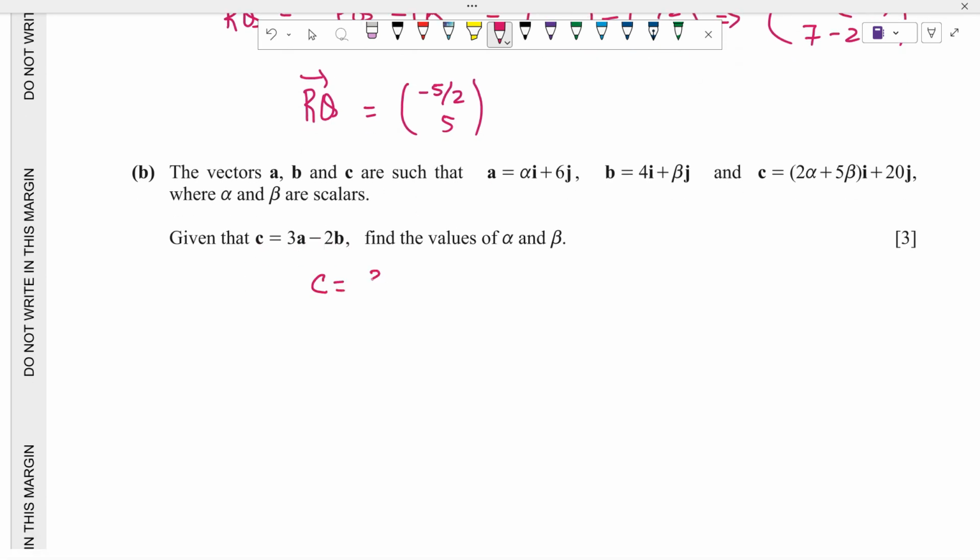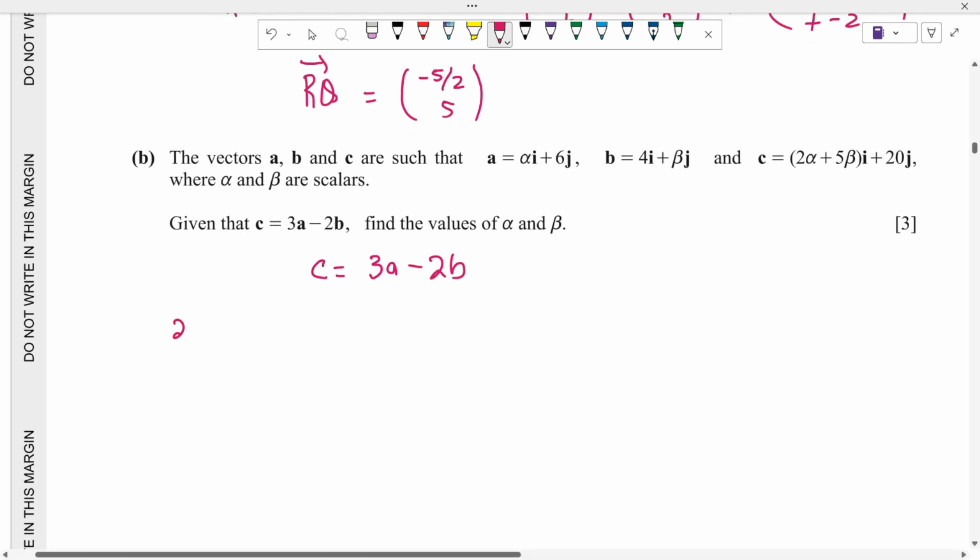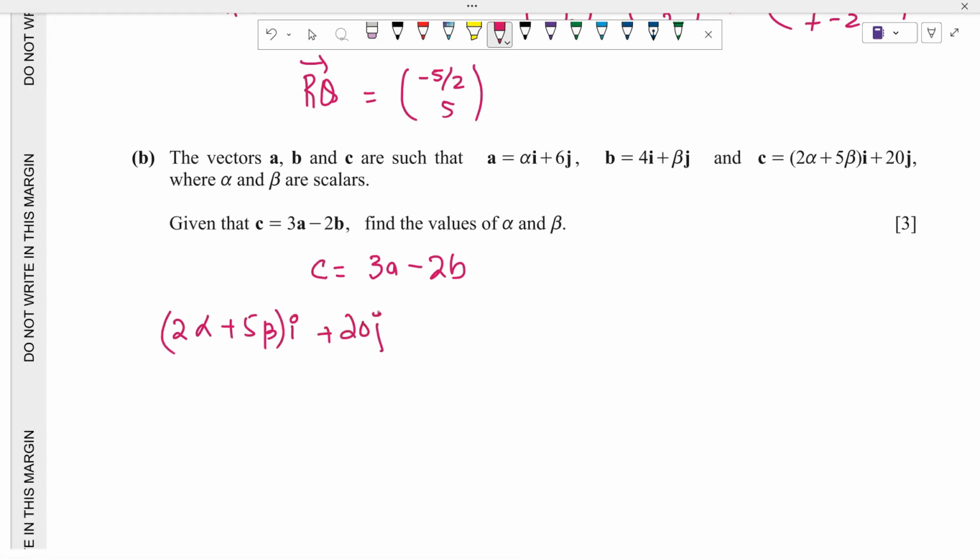c is 3a minus 2b, and c is equal to (2 alpha plus 5 beta) i plus 20j, which is equal to 3 times a, which is alpha i plus 6j, minus 2 times b, which is 4i plus beta j.